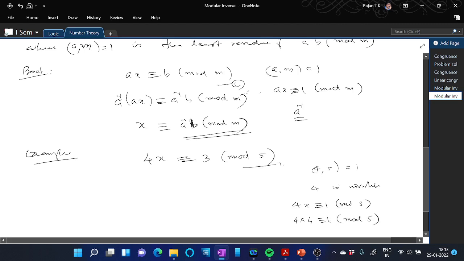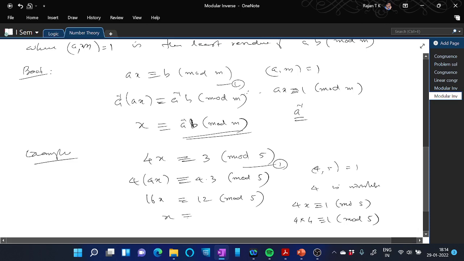Therefore, multiplying this by 4, we get 4 into 4x is congruent to 4 into 3 mod 5. That is, 16x is congruent to 12 mod 5. And 16x is congruent to x, because 16x you can write as 15x plus x, and 15x is a multiple of 5.